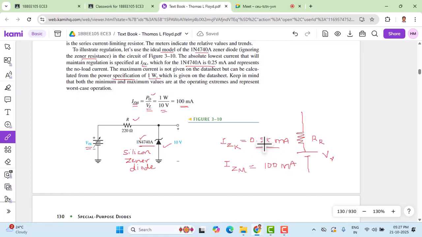So if the current is between about 0.25 milliampere and 100 milliampere, this particular Zener diode can perform its action. It can provide across these two terminals a voltage of 10 volts.